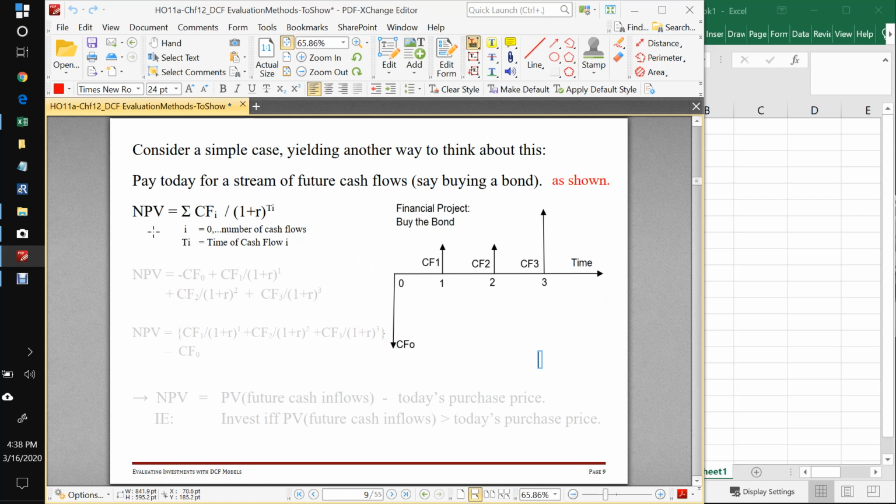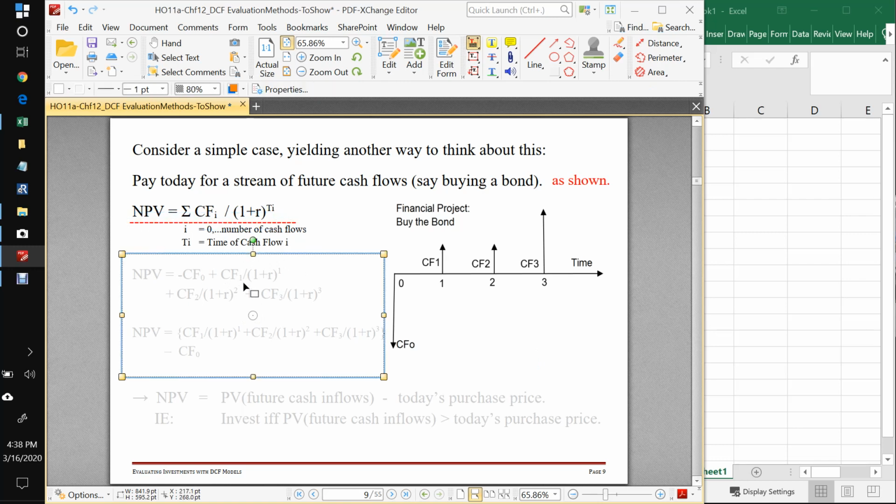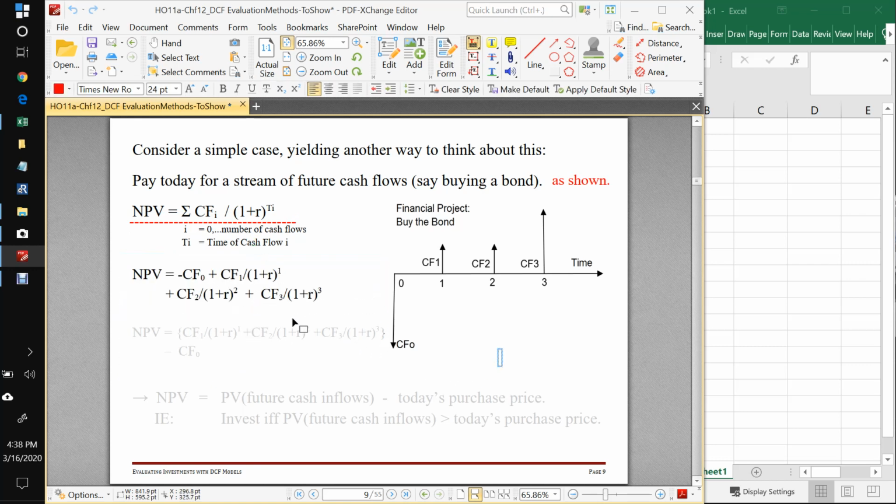So we could get the NPV for the bond buyer for this contract, applying our NPV formula here. And if we do that in this case with these three cash flows, it's going to look like this for this example. Okay, so here's our minus CF0, right? Always a proper algebraic sign convention now. That's negative. That's the cash outflow that we pay to get the contract, which hopefully is going to get us these future cash flows.